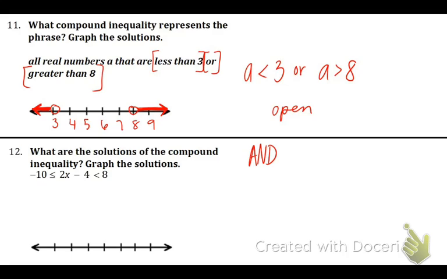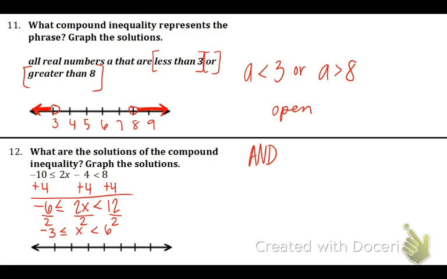So first thing we want to do is add 4 to all sides. Add 4. So that means we have -6 is less than or equal to 2x is less than 12. And now we want to divide 2 from all sides. So now we're going to get -3 is less than or equal to x, which is less than 6. And that's our answer.